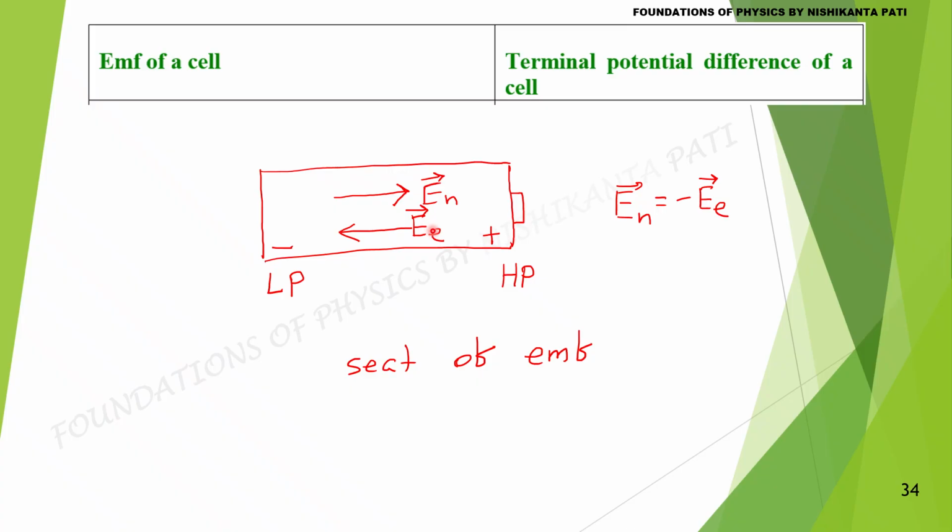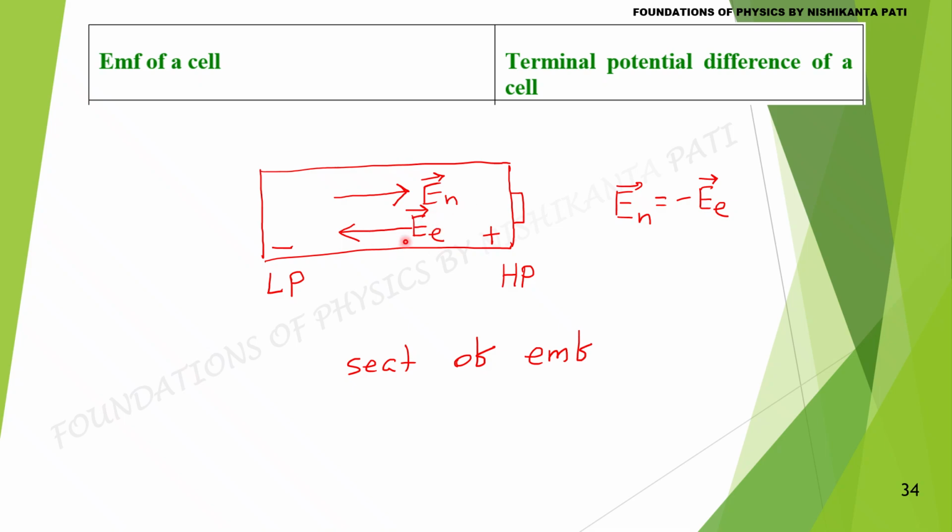The work done by the electrostatic field is negative. The electrostatic field acts both inside the cell and also outside the cell. But the non-electrostatic field acts only within the cell.